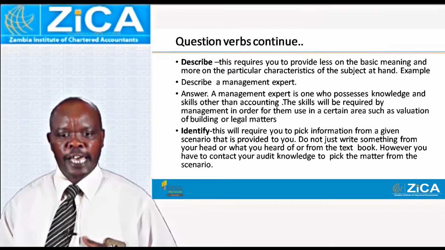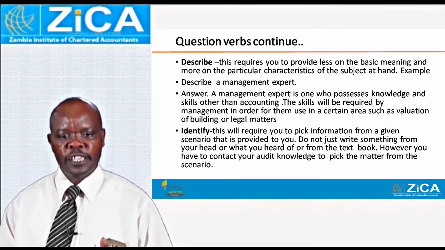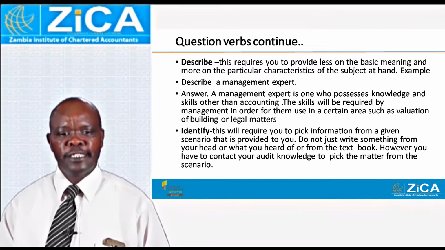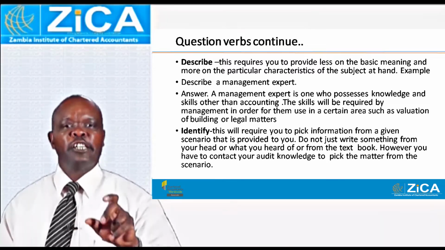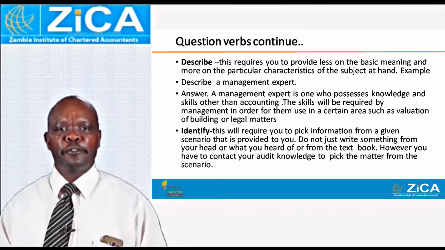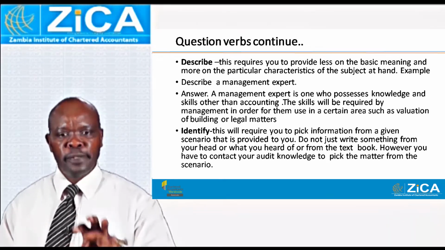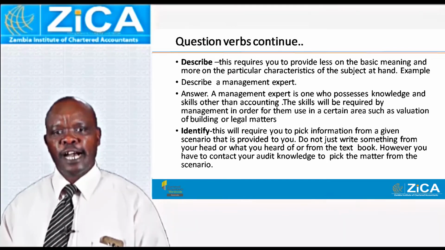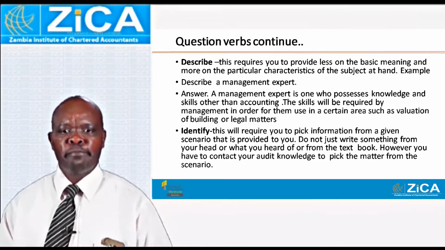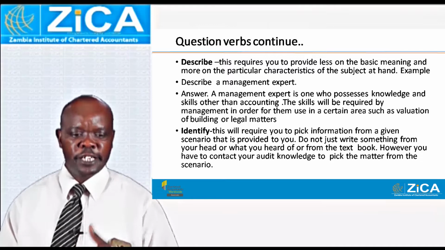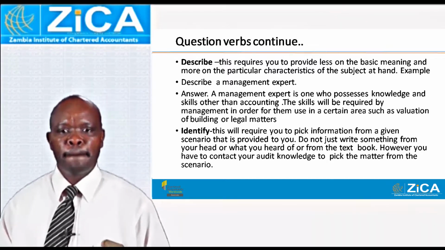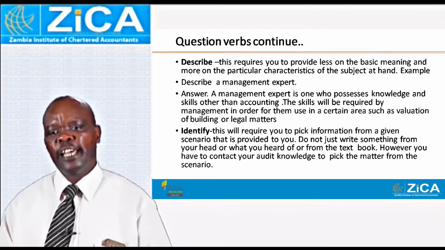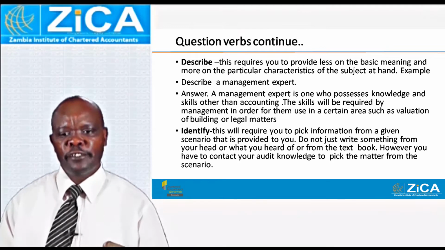Again, certain questions will begin with identify. The question that begins with identify simply means the information is actually contained in the scenario. Your task is to pick that information and then relate it to the question that you've been asked. But you find that some candidates, when they're asked to identify, begin to repeat what they read in the textbook.